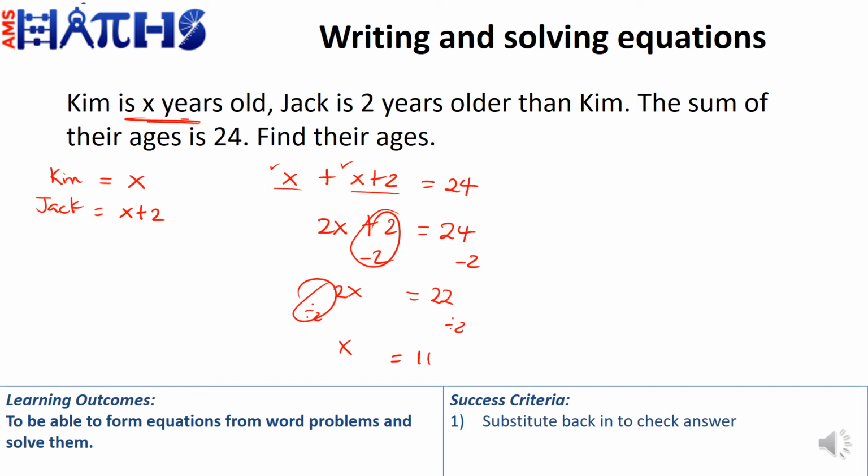So x is Kim's age, so Kim is equal to 11, and Jack, his age would be 11 plus 2, which is 13. So we have to make sure that we answer the question properly. Yes, we've solved for x, which is Kim's age, but the question says find their ages. So we have to work out both the ages that are involved in the question.